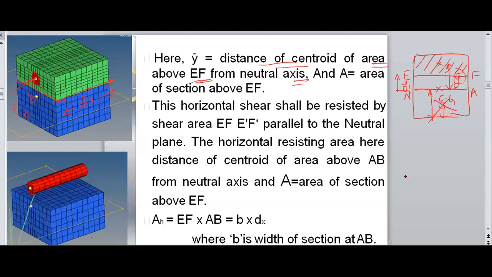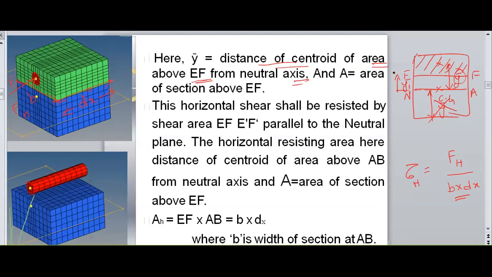Therefore, shear stress tau horizontal is equal to shear force horizontal by area, which is B into dx. B into dx is the area for the shear stress developed in between the green and blue, that is nothing but above the EF line.